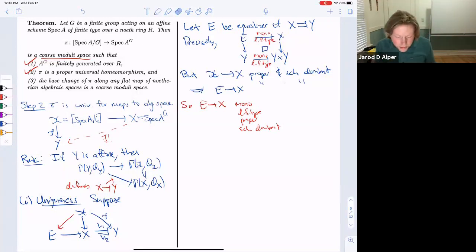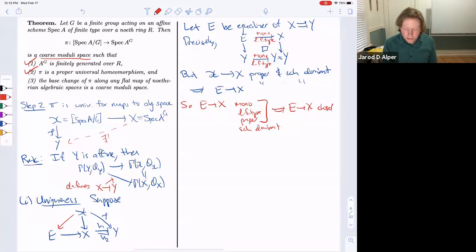And if you think about these conditions, the first 3 imply that it's a closed immersion. This is just standard. In fact, that's not very hard to show. But now, because it's schematically dominant, that implies that it's actually an isomorphism. So we win.